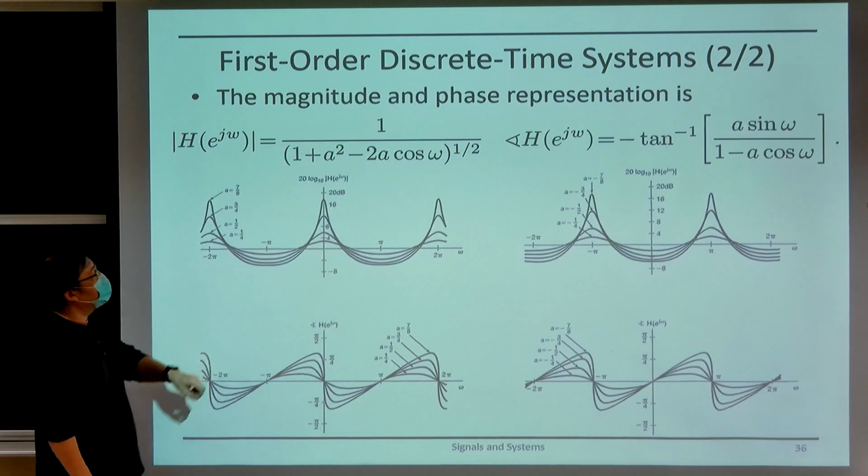But then this means that in the time domain, you would have a slower response, okay? So you have a sharper frequency response for A closer to 1, but a slower time response.